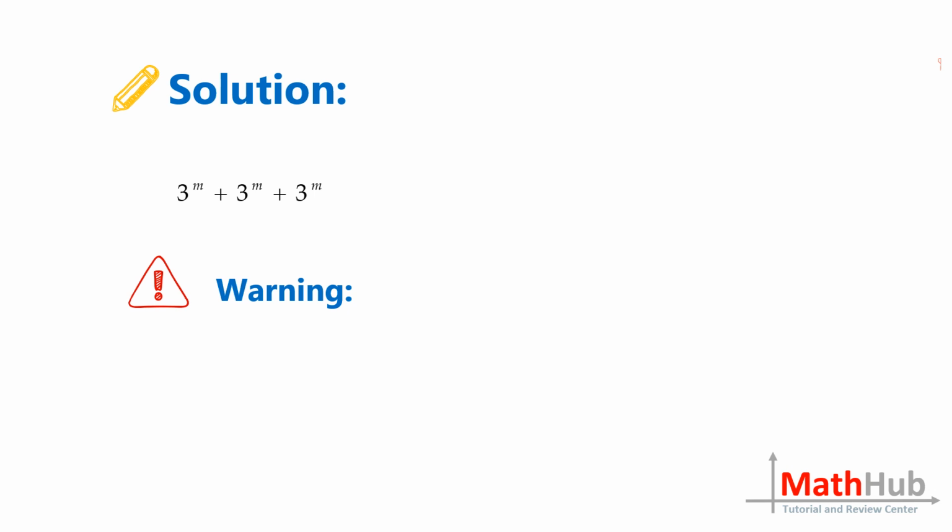What is now 3 to the m plus 3 to the m plus 3 to the m? Now, warning, you cannot do this. It's not the same as 3 plus 3 plus 3, all raised to m. You're adding the bases and then copying the same exponent. There's no rule, no law like that.